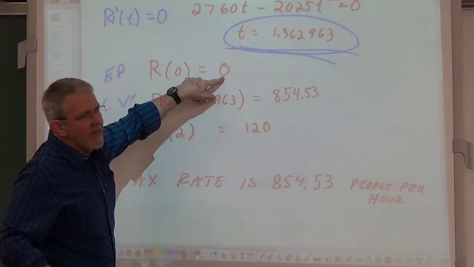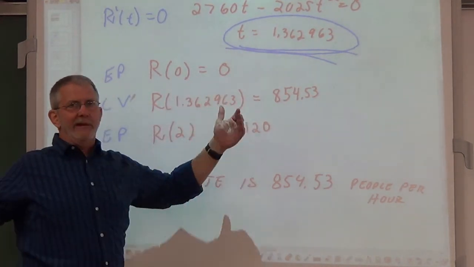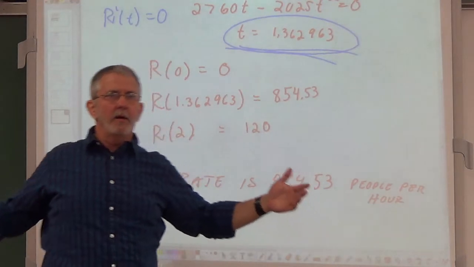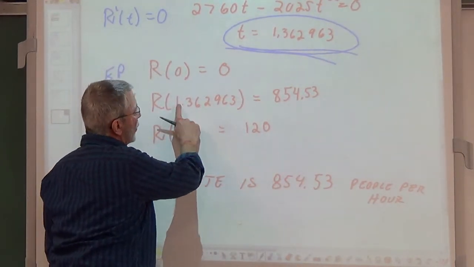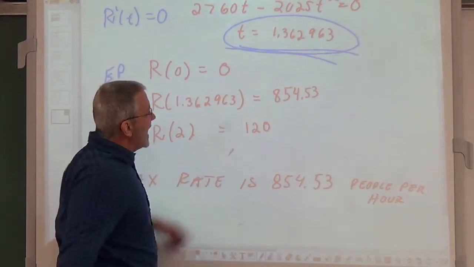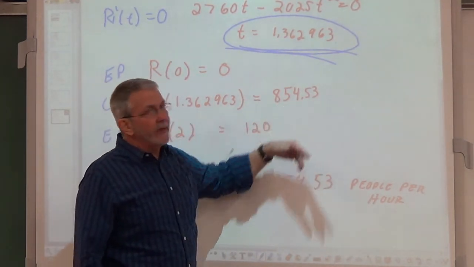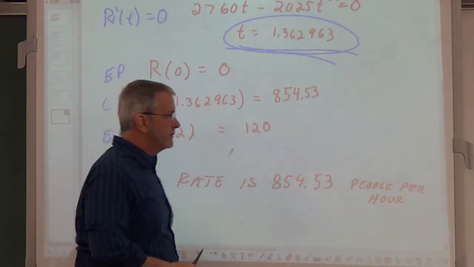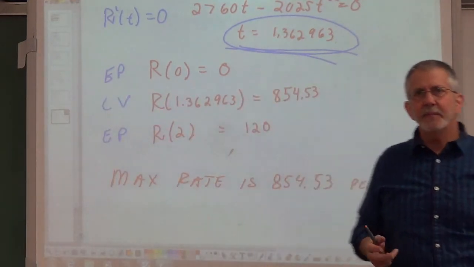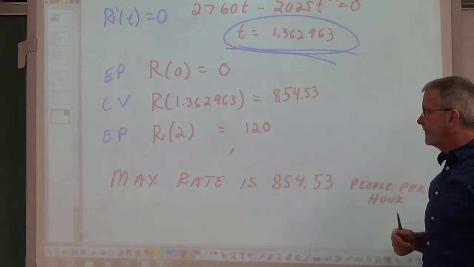They already told me that at 0, nobody was going into the auditorium. They hadn't opened the doors yet. At hour 1.362963, 854.53, that was the rate. And at hour 2, about 120.